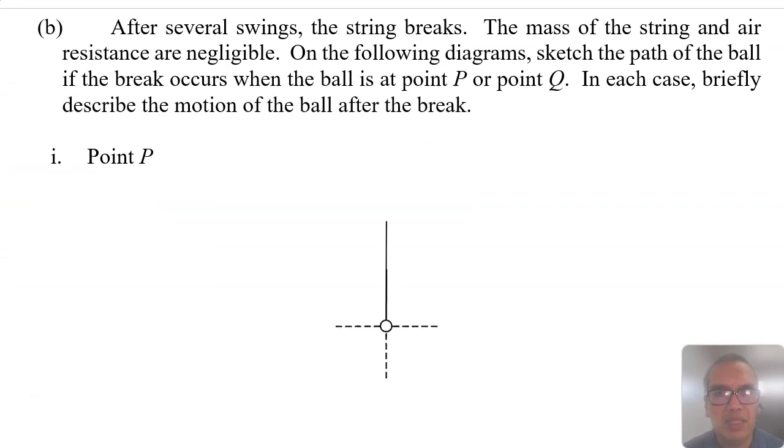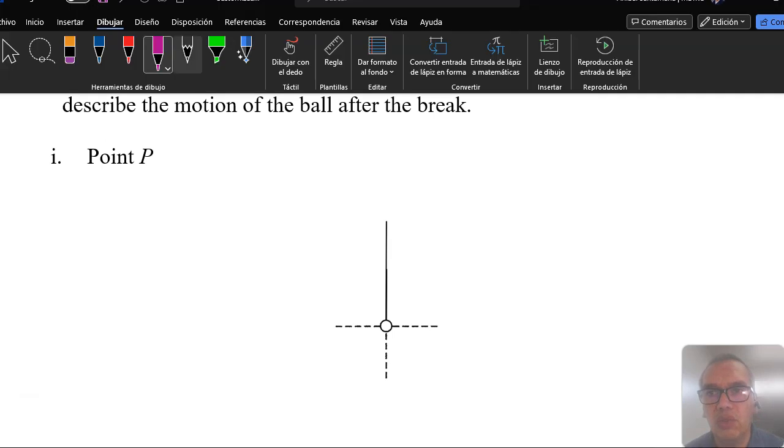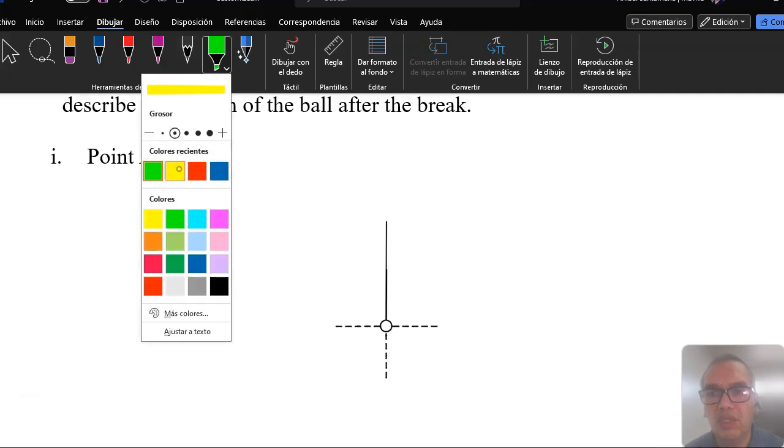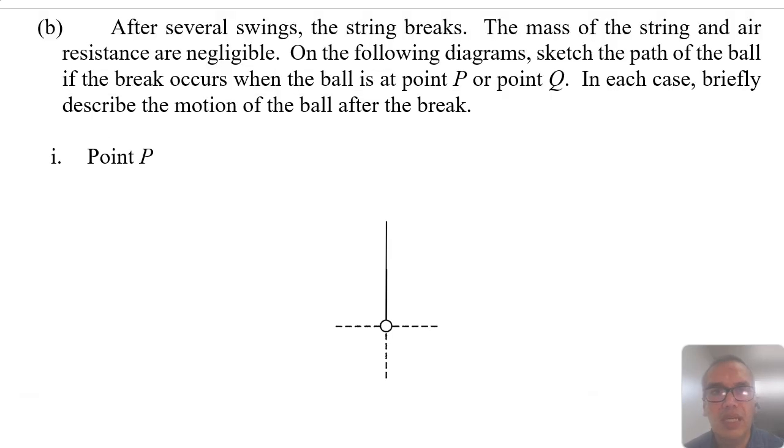The important part is that the string breaks, and the string breaks depending on what they are asking at point P or at point Q. Now, what are they requesting you to consider? They want you to think about the path of the ball depending on where the break occurs.